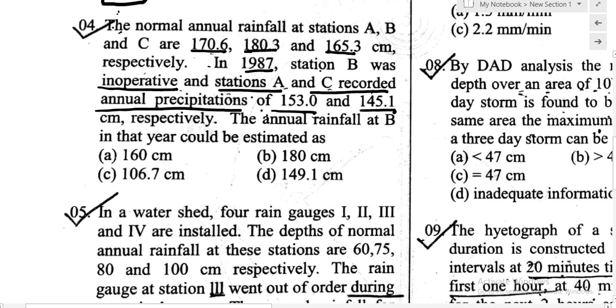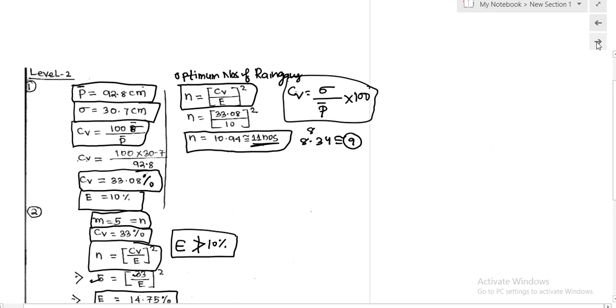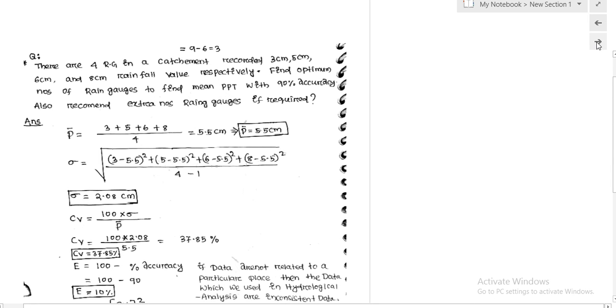So it is asking what is the annual rainfall at B in that 1987 year, the missing rainfall data. These are the normal values given and these are the P values given, but we have to find the missing one. We have to estimate the missing rainfall data of station B in 1987. I hope it is clear. So now you solve this question.